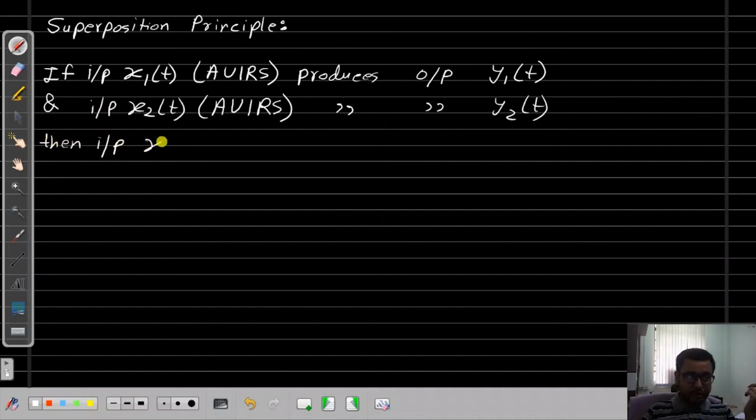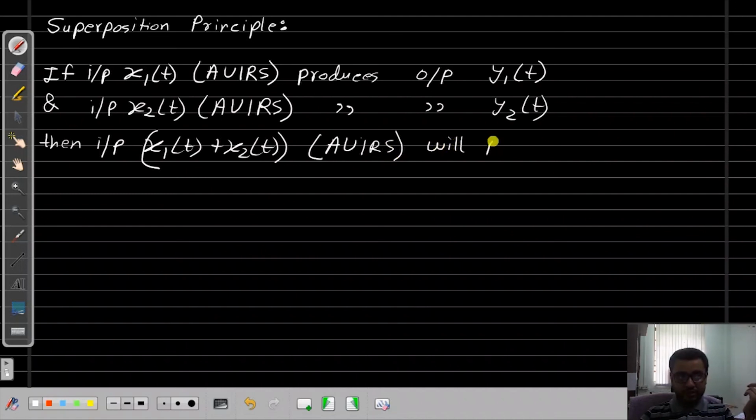input x1(t) plus x2(t), the sum of the previous two inputs together, again if it is applied under initially relaxed state, will produce output given by y1(t) plus y2(t), the sum of the previous two outputs.